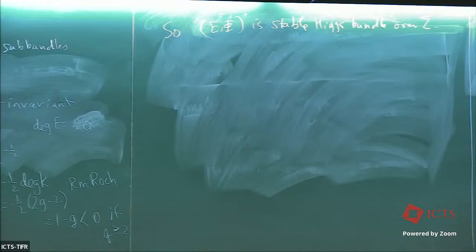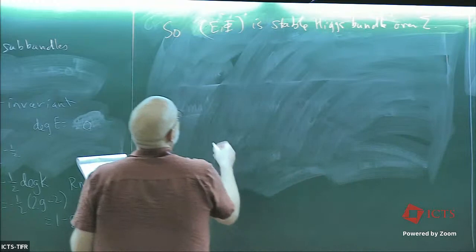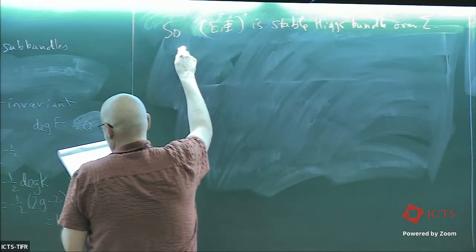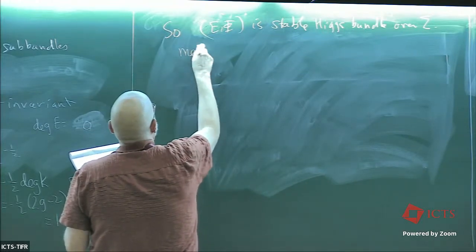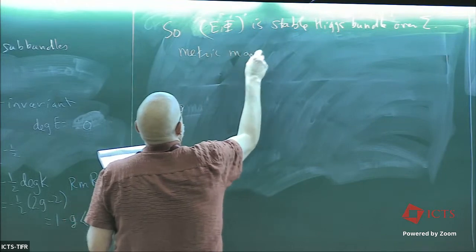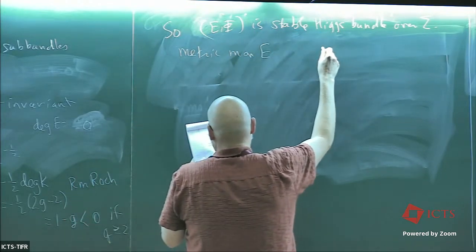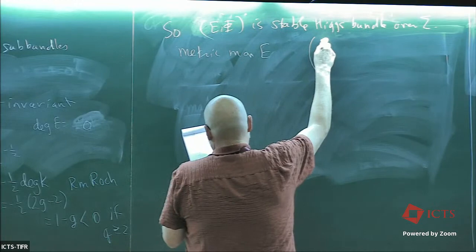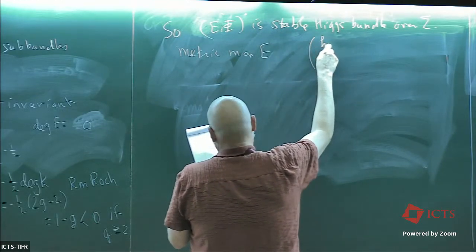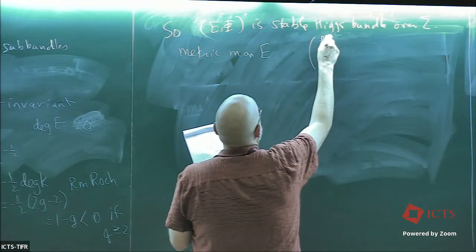Okay. All right. So in fact, the metric M on E is of the following form. I'm going to have to start repeating some letters here because I'm running out of space.